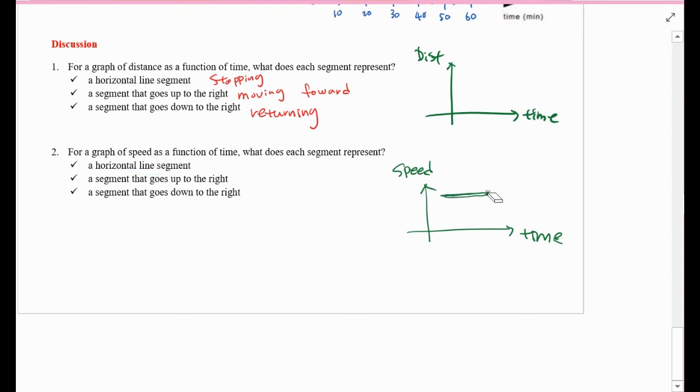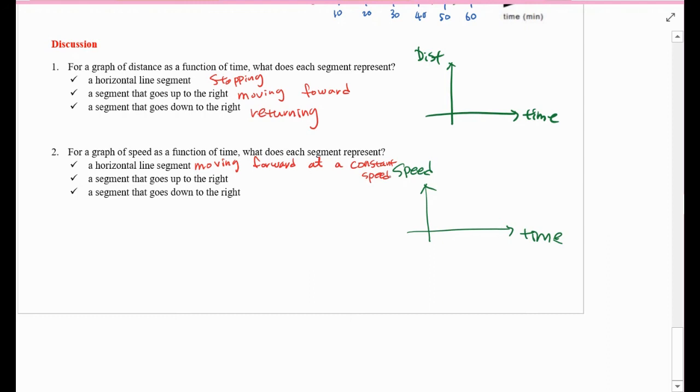That means you're moving forward at a constant speed. So moving, you're not stopping, right? Since if you just continue going at the same speed, that doesn't mean that you're stopping. So you say moving forward at a constant speed.